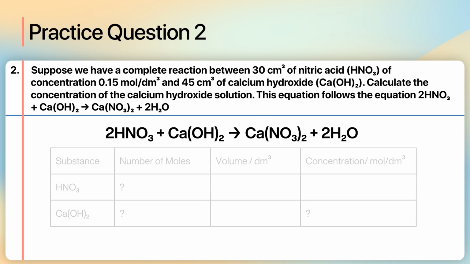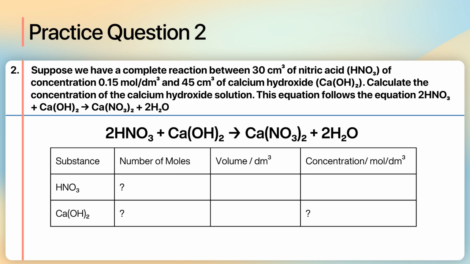Let's write this in a table like we did for the last practice question. The volume of HNO3 is 30 cm cubed. We can convert this into dm cubed by dividing 30 by 1000 to get 0.03 dm cubed. We also know from the question that the concentration of HNO3 is 0.15 moles per cubic decimeter, so let's add this to the table.